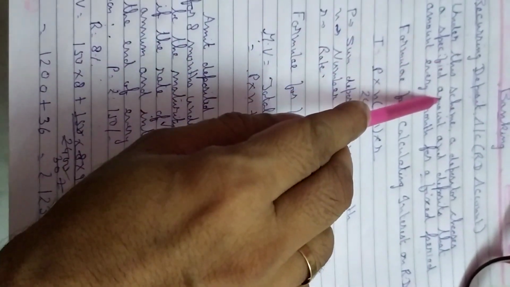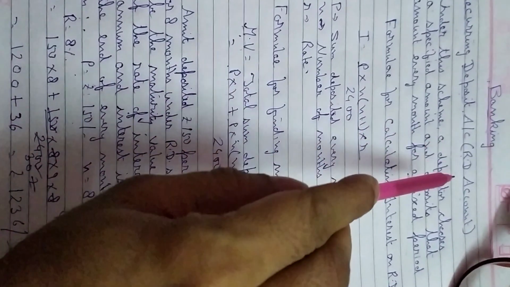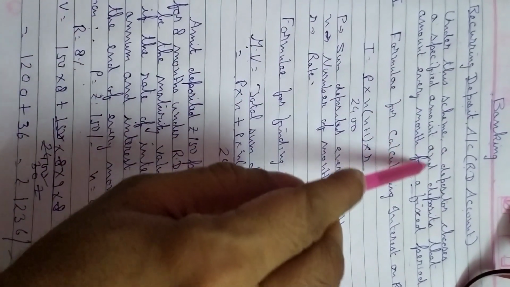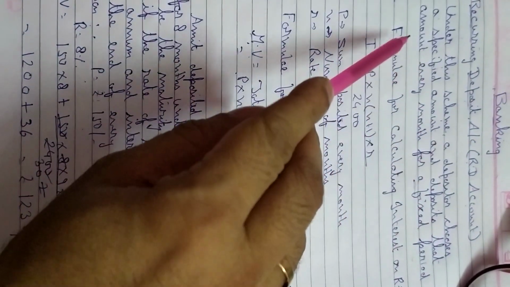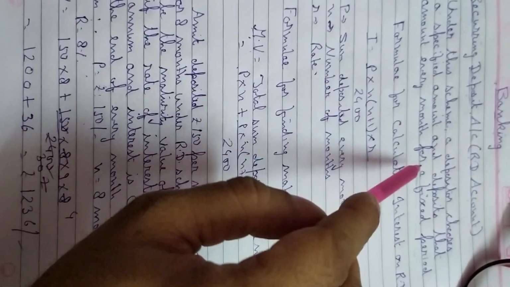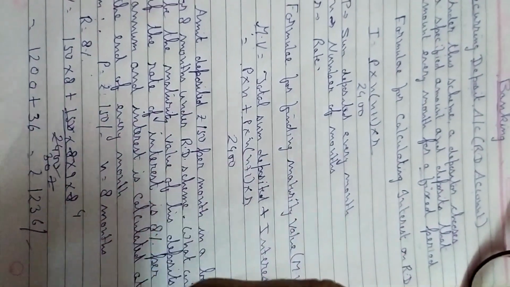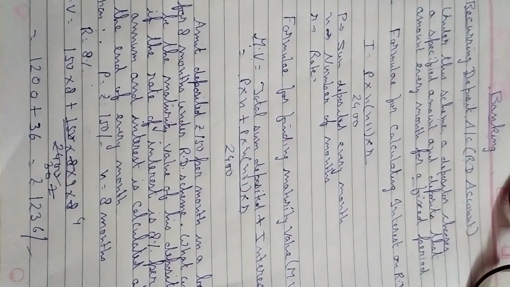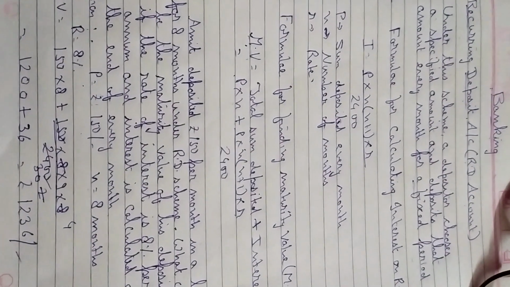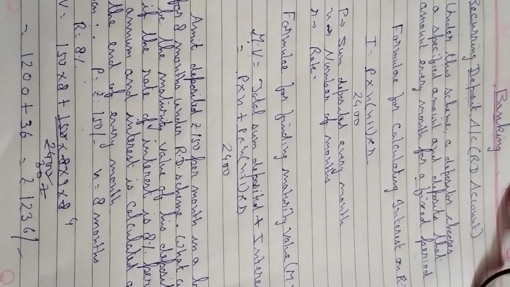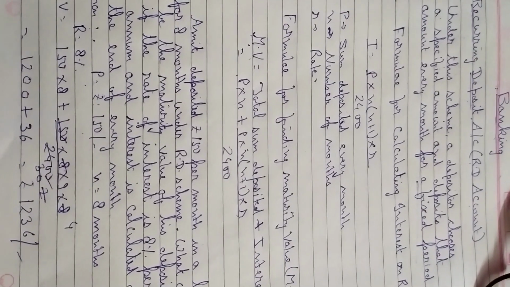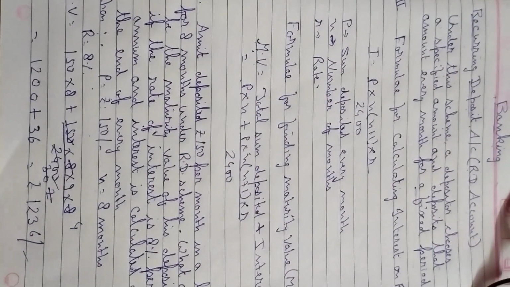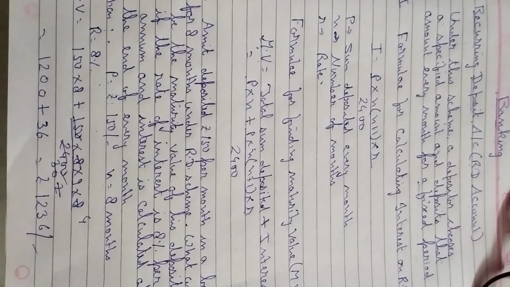Under this scheme, a depositor chooses a specified amount and deposits that amount every month for a fixed period of time. What does it mean? It means that suppose you are a depositor, you have to deposit a particular amount of money every month for a specific period of time.